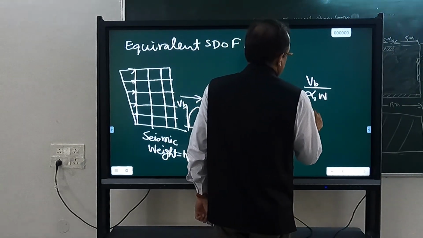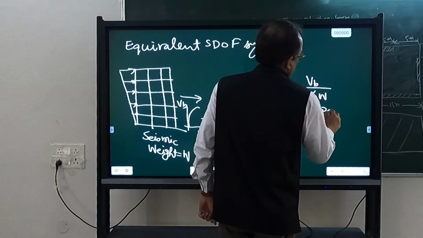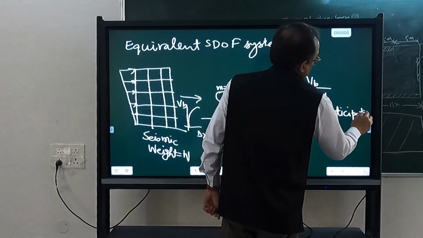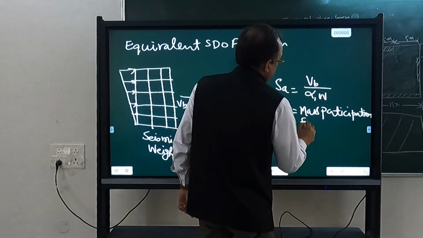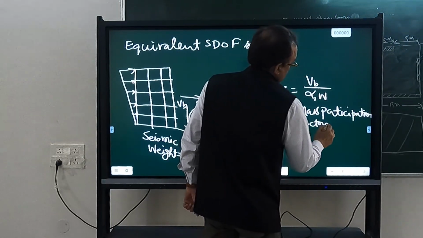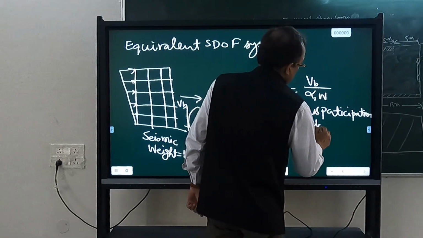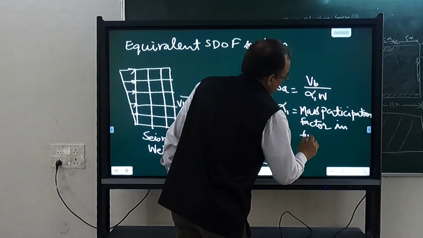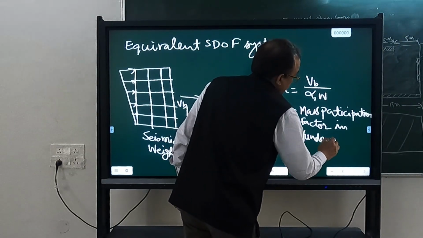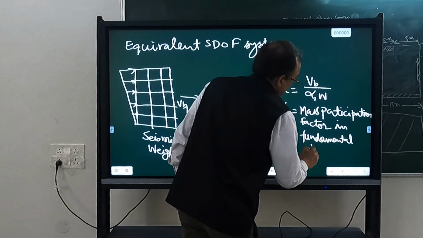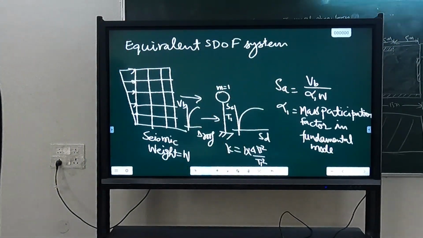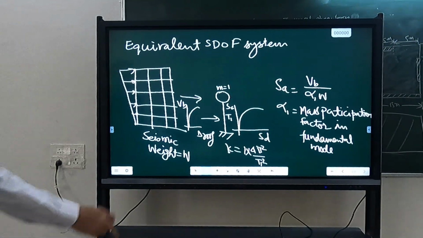Mass participation factor in the fundamental mode, the first mode in that direction. So fundamental mode in that direction, which is the first mode in that direction. So that is alpha 1.